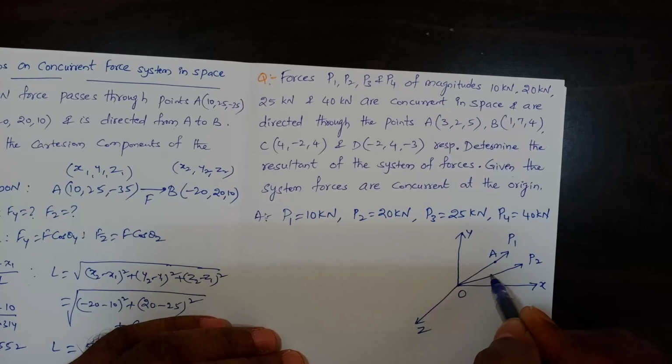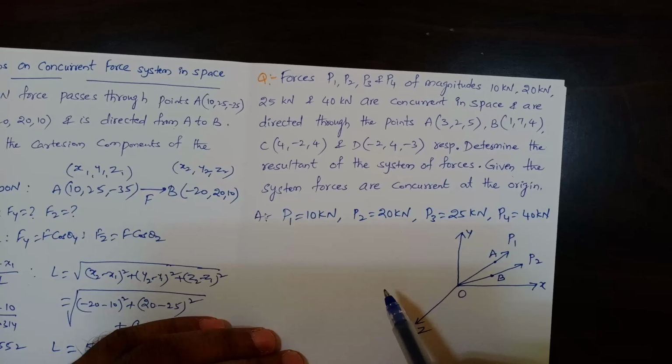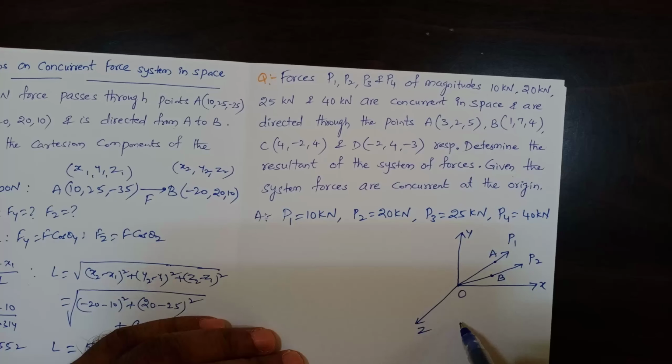P2 goes to somewhere, our B. Next is 4, minus 2, minus 4, where the y coordinate is negative, meaning downward, so it may be somewhere here. Like this we have the forces.